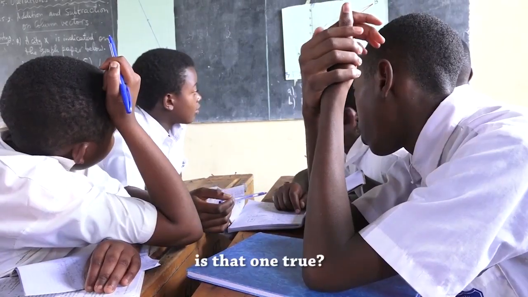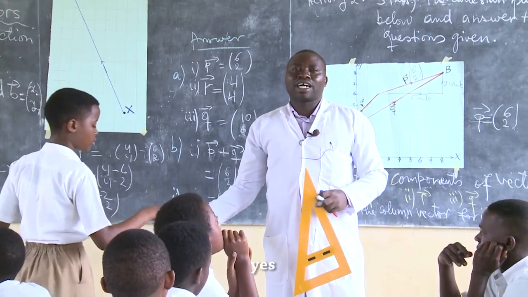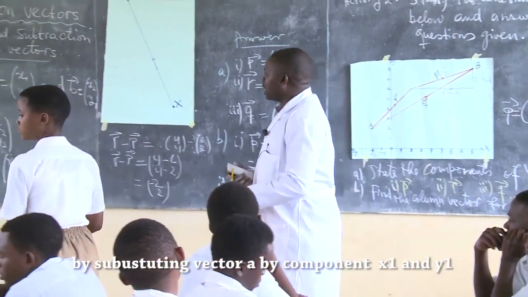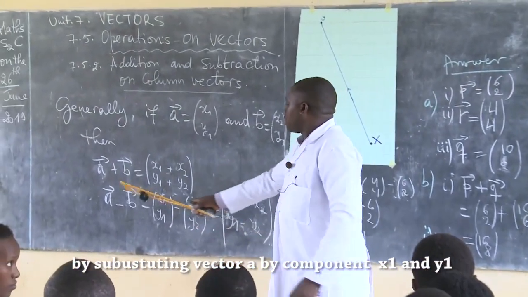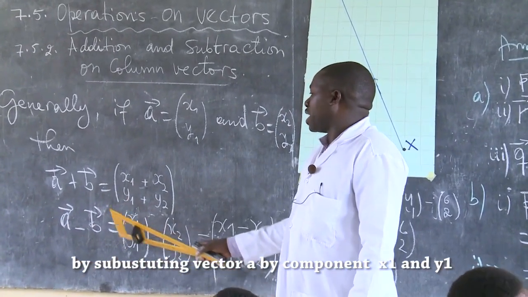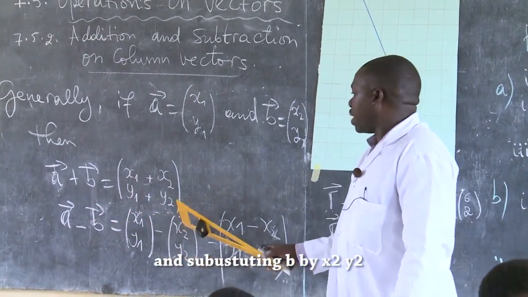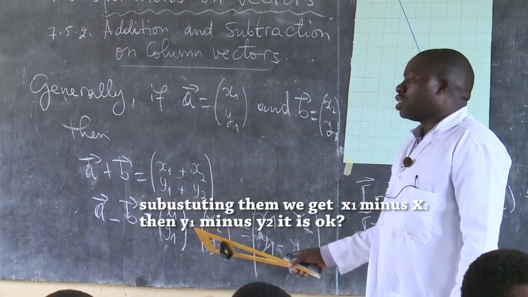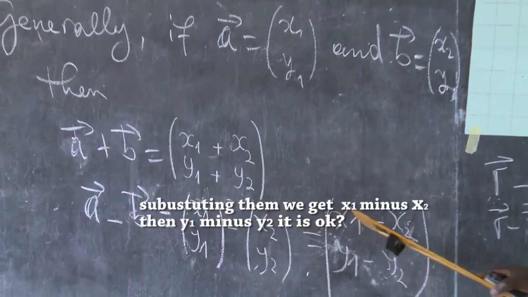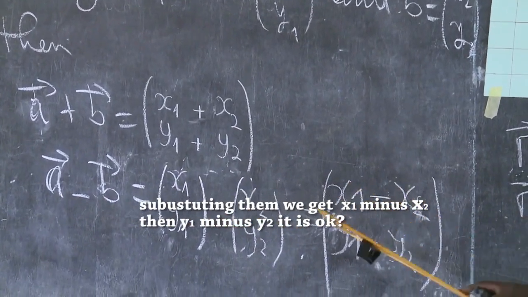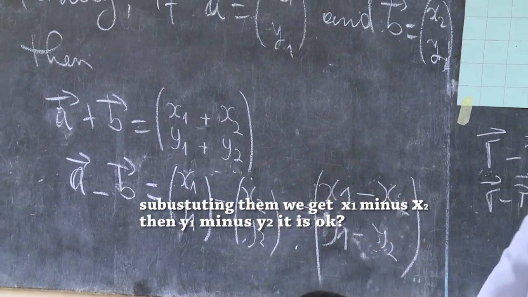Okay. Is that one true? By substituting vector A by components x1 and y1 and B by x2, y2, subtracting them we get x1 minus x2, then y1 minus y2.